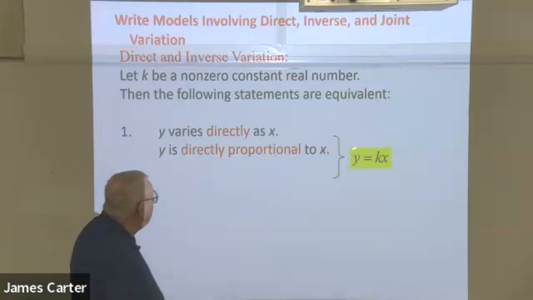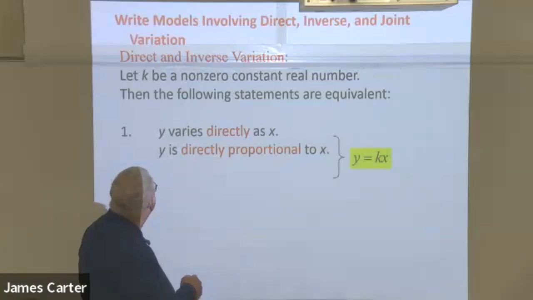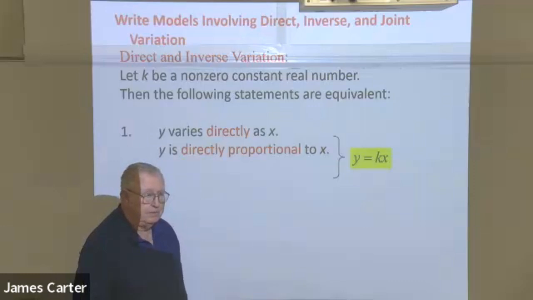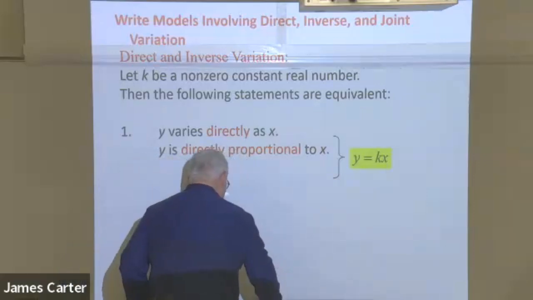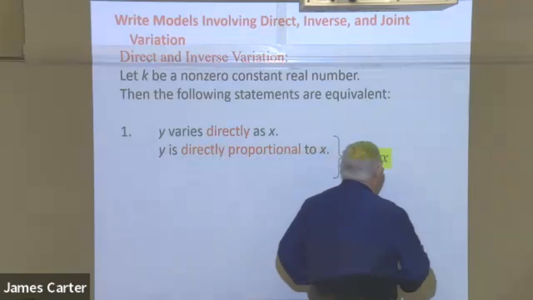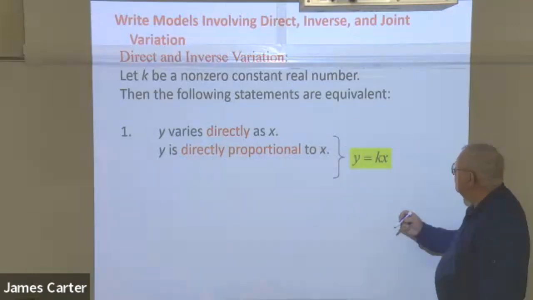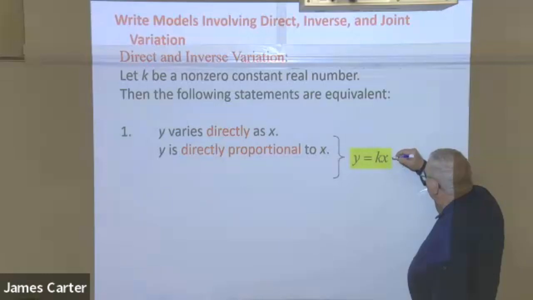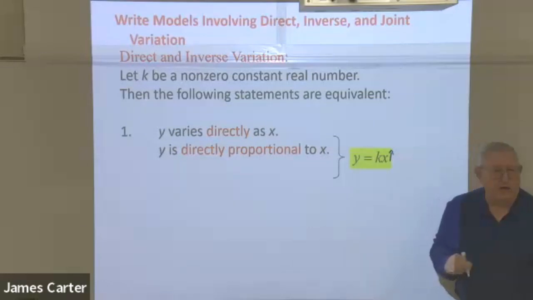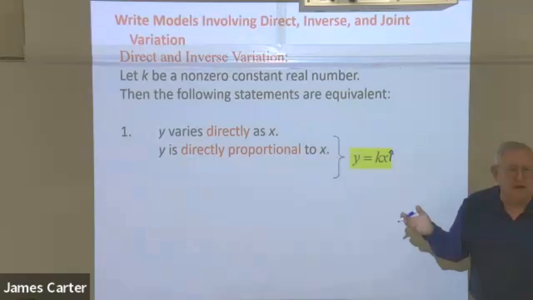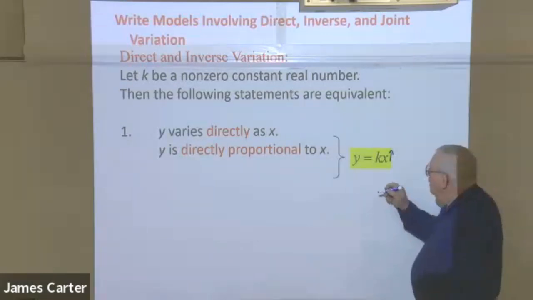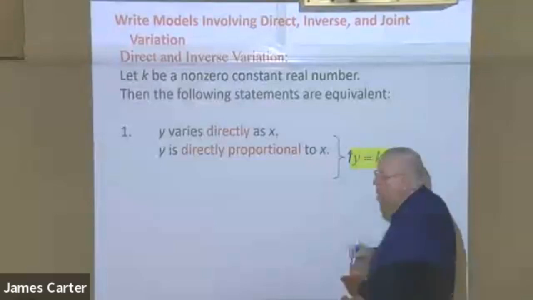Here's the general equation for what we call a direct variation: Y equals Kx. Now, the important thing to know about this, when it is direct variation, if you replace the original X with a bigger X, like the first time it was 5, next time it's 10, Y will also increase.